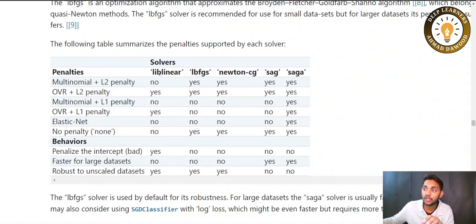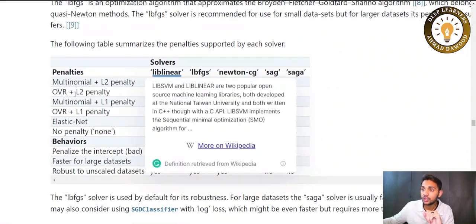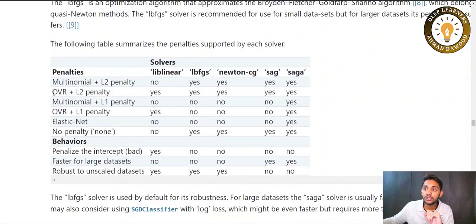Okay, but you cannot use liblinear here. Further, if you are using OVR plus L2 penalty, then you can use any of the solvers.